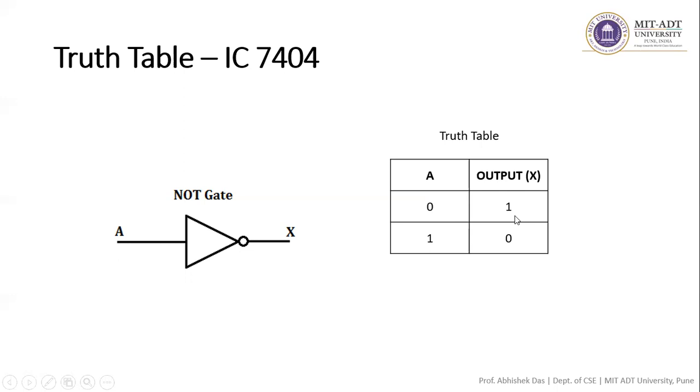As I have already said in the previous session, with the help of the NOT gate we can implement the NOR gate, that is a combination of NOT and OR, and also the NAND gate, that is a combination of NOT gate and AND gate.